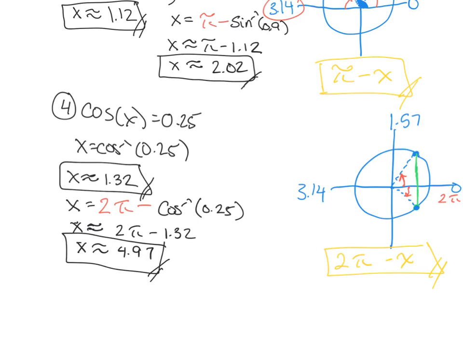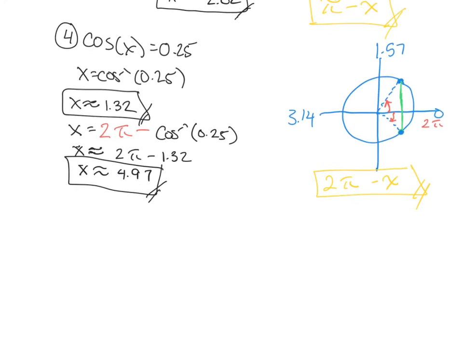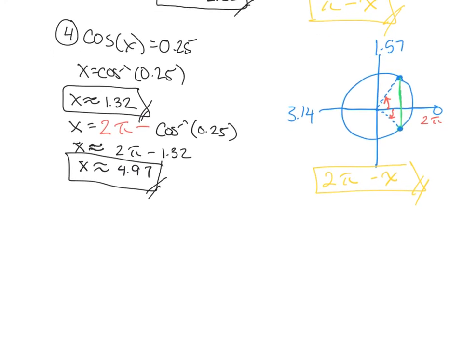Now, if you're looking at this and you're like, Miss Twain, this is too much, I'm never going to remember all of this, we're going to write this all down right now just for us. All right, so important information. For tangent or cotangent, because those are fair game, I want you to take whatever value you have and then add or subtract pi depending on where your first answer is. So this is what you're going to have for tangent and cotangent.